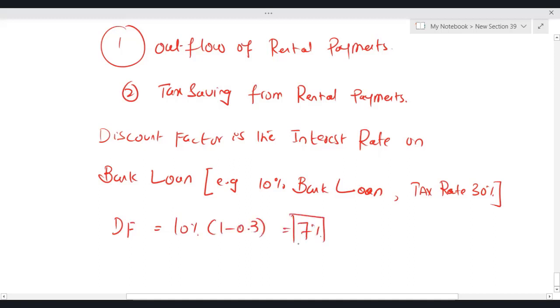So you will be doing the discounting of lease as well as the buy at 7%. So in both the cases, that is for the lease decision as well as for the buy decision, the discount factor, the cost of capital is same, which is bank loan interest rate times (1 minus t).